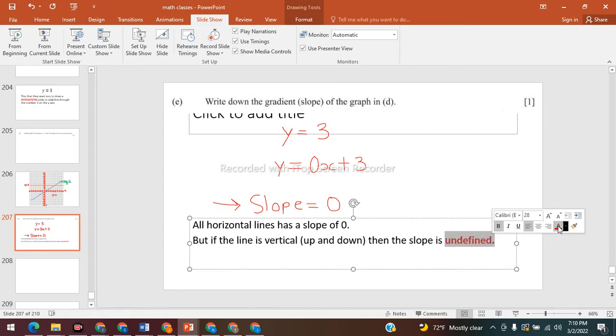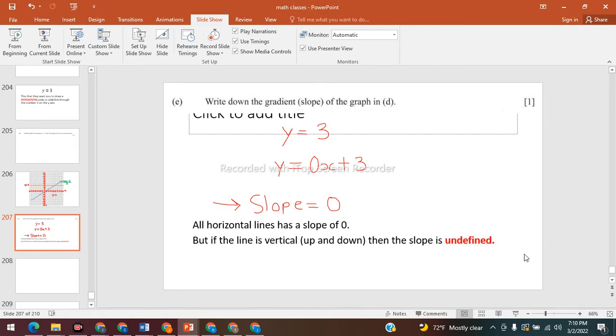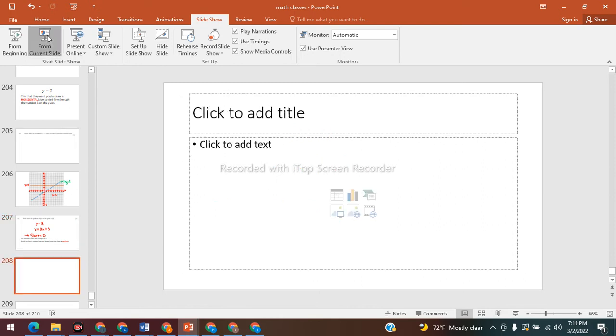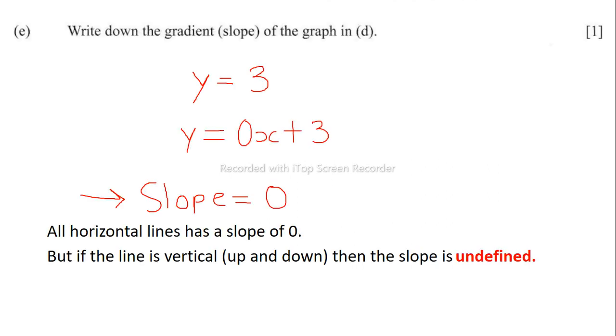Explain. Say explain. I hope that Miss Cooper is saying explain because we did this like 100 times. But yes, it's undefined because if you look at a vertical line, it goes up and down, right?